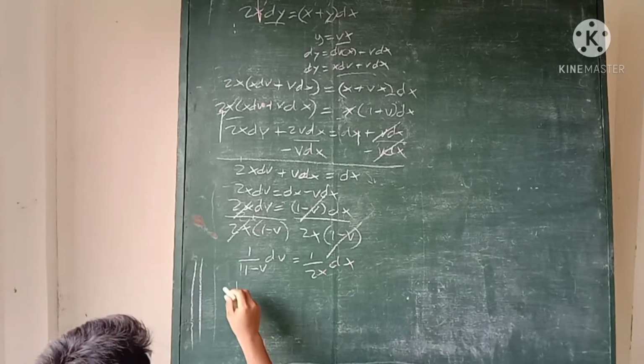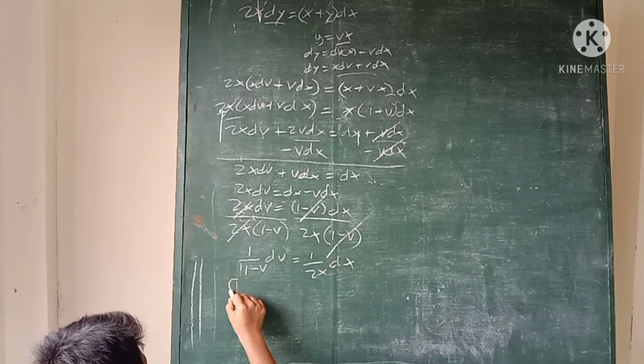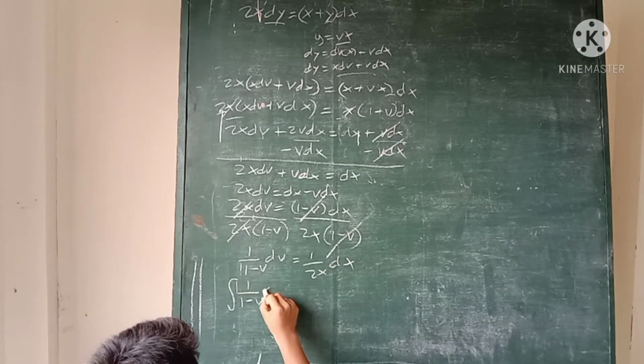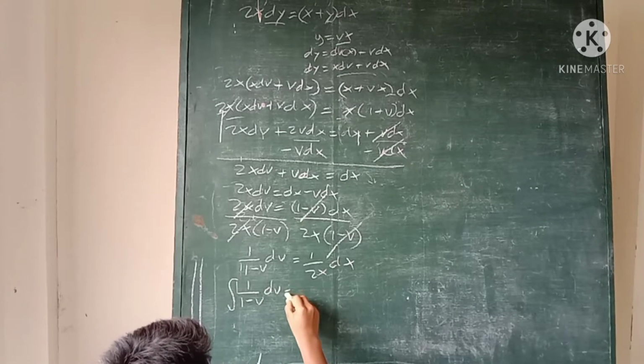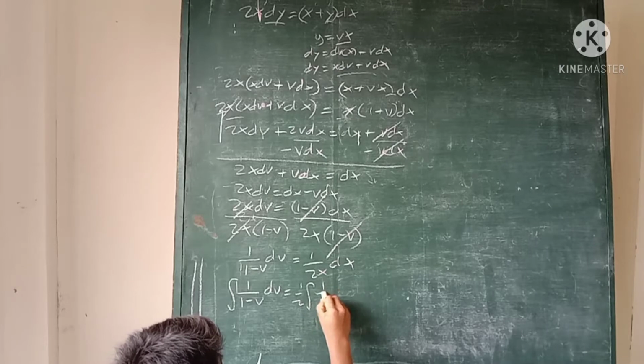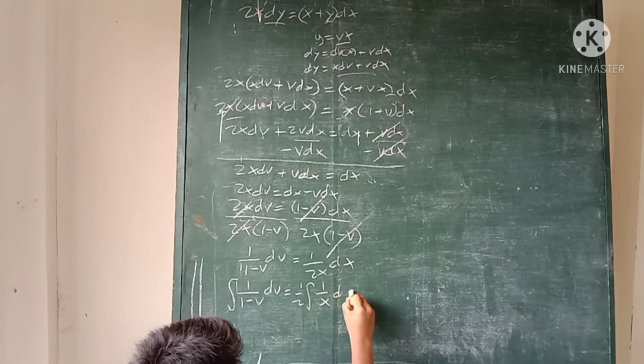So that's why we can integrate. So the integral of 1 over 1 minus v dv equals 1/2 integral of 1 over x dx.